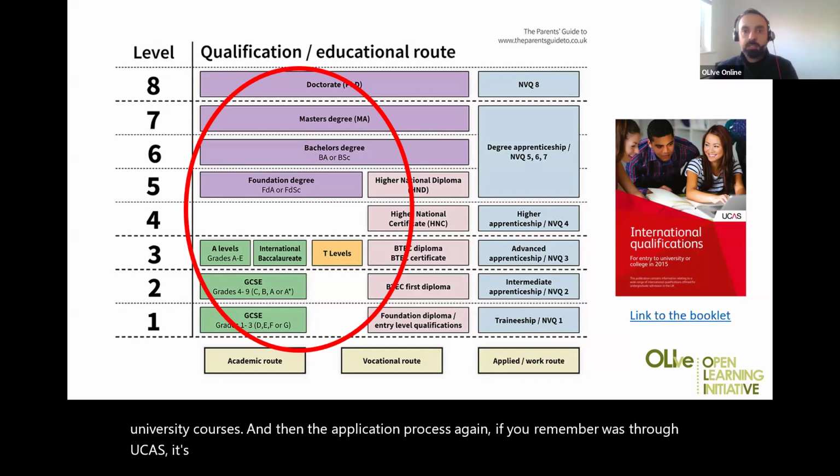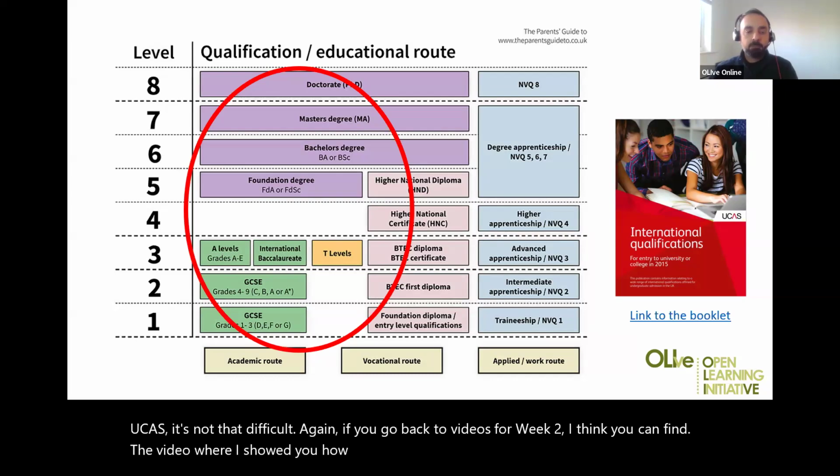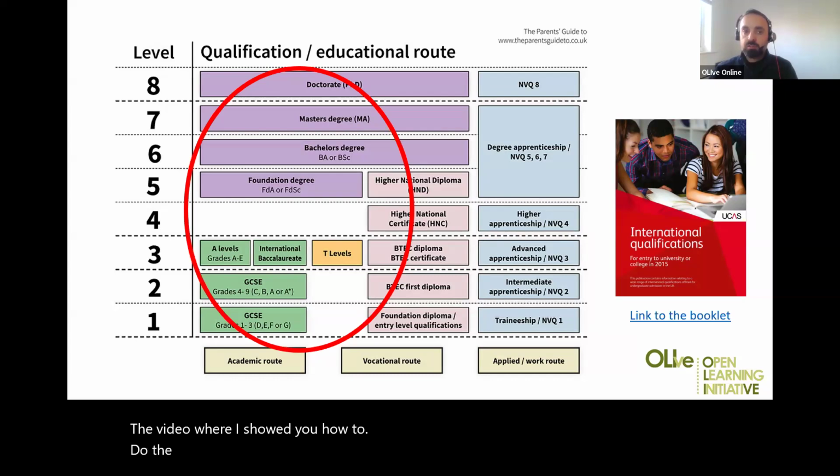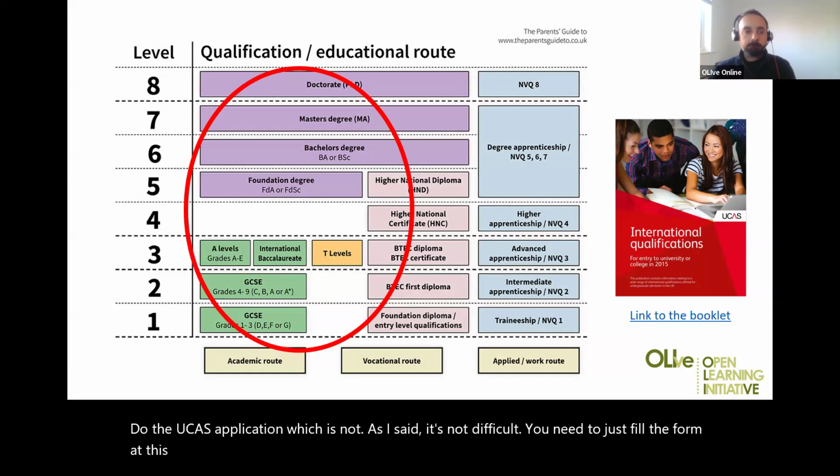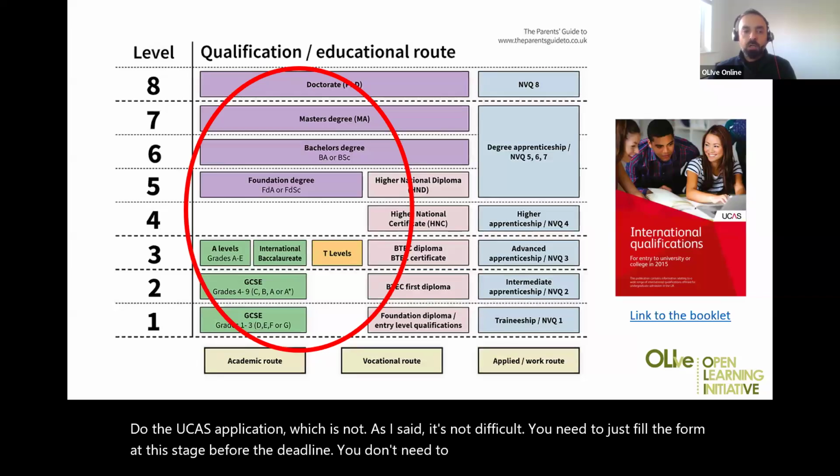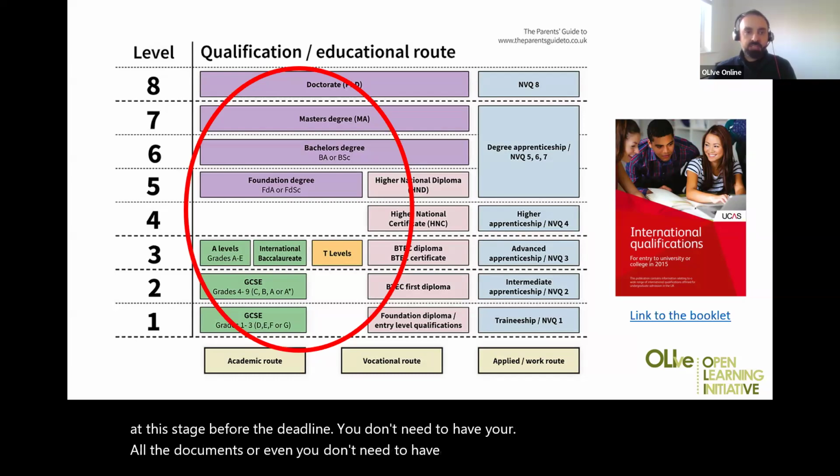It's not that difficult. If you go back to the videos for week 2, I think, you can find the video where I showed you how to do the UCAS application. You just need to fill in the form. At this stage, before the deadline, you don't need to have all your documents, or even your language certificate ready.